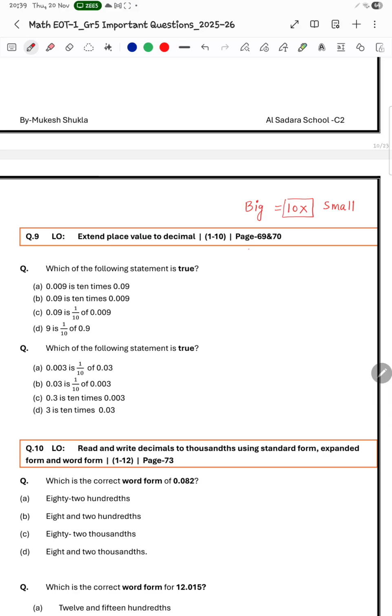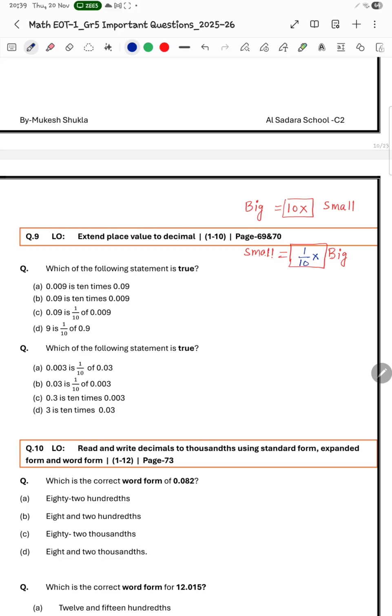And on the other hand, if we have a small number on the left side and a big number on the right side, I will use 1 over 10 times.